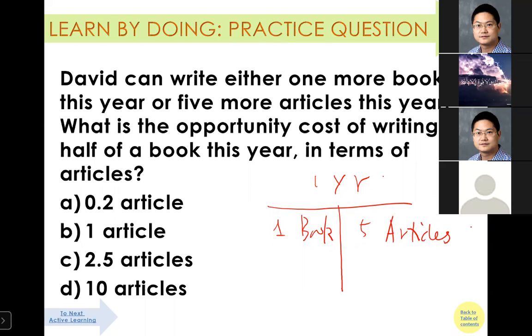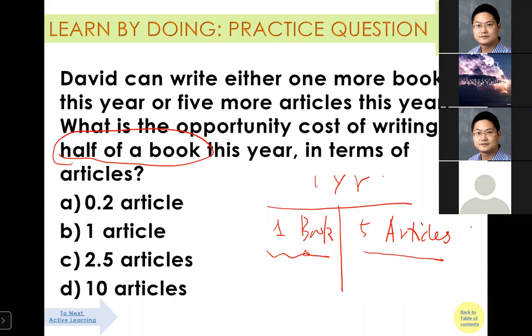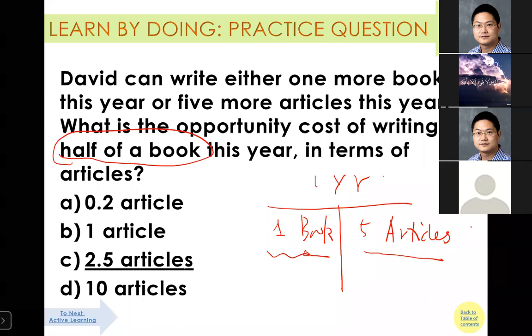The question asks for the opportunity cost of writing, sorry, half a book. To write 1 book, he gives up 5 articles. For half a book, he must give up half of the 5 articles. So the answer is C, 2.5 articles.